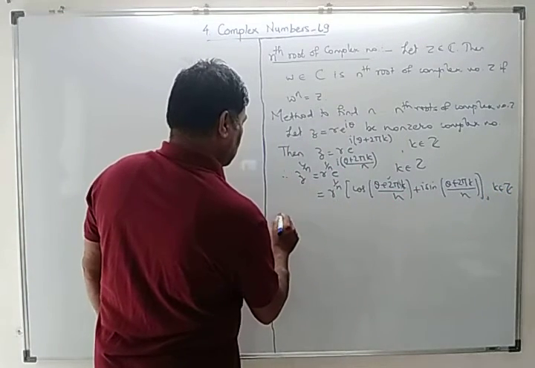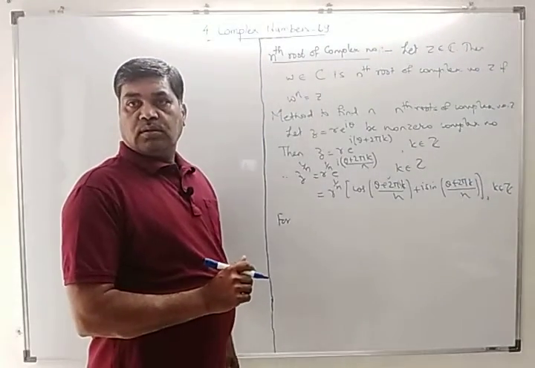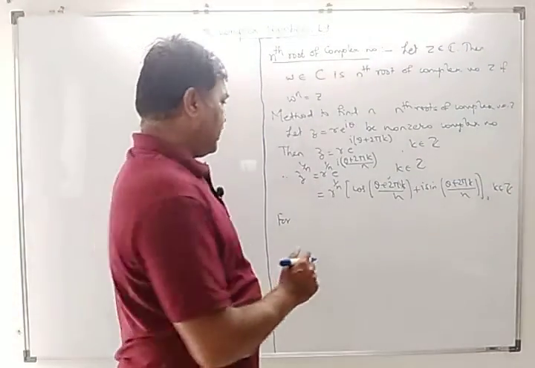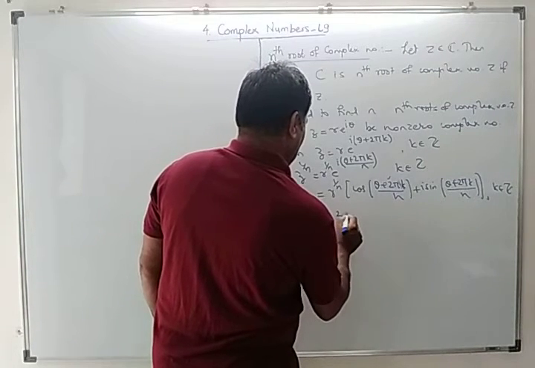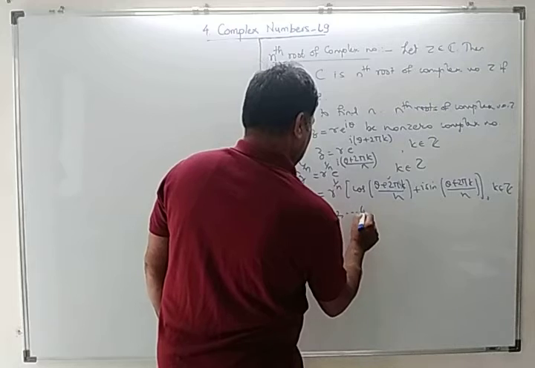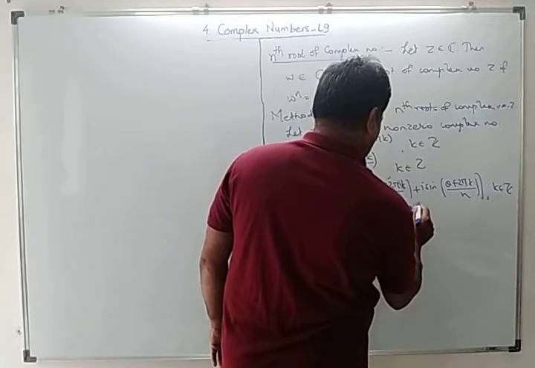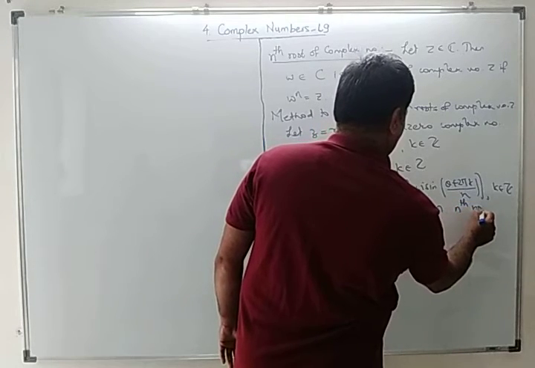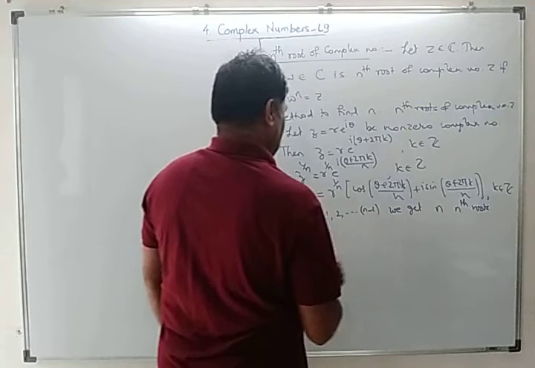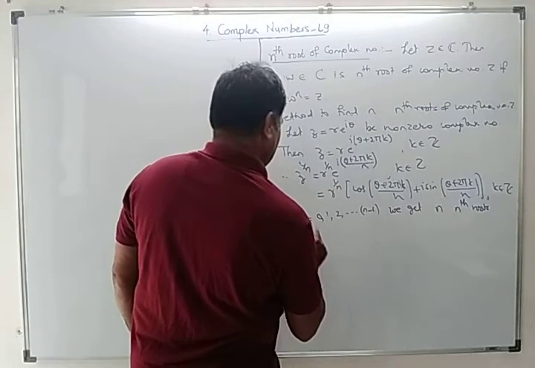For k equal to 0, 1, 2 up to n minus 1, we get the nth roots of z.